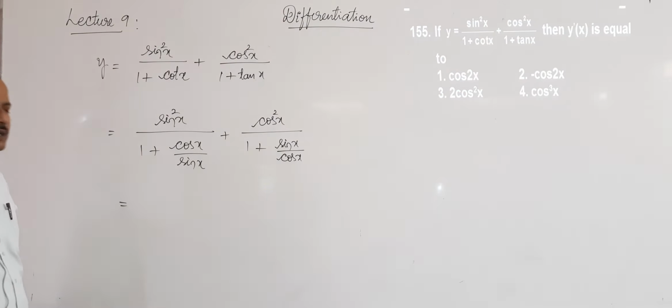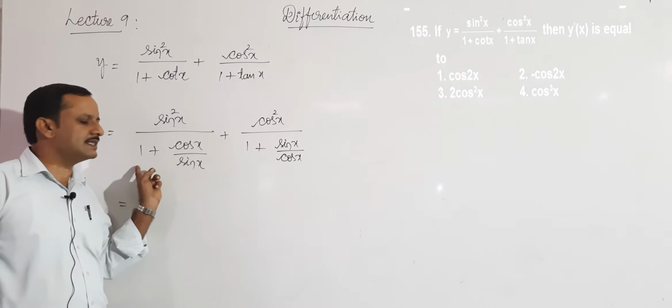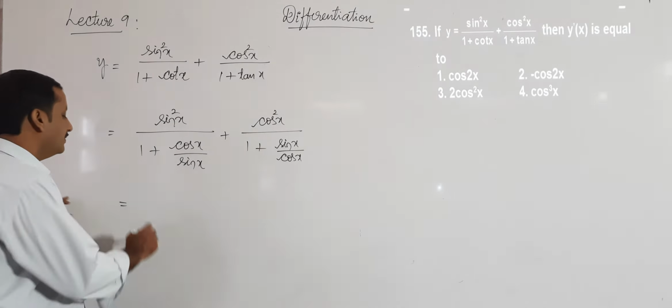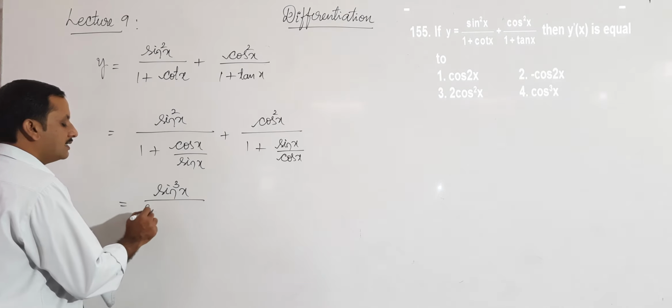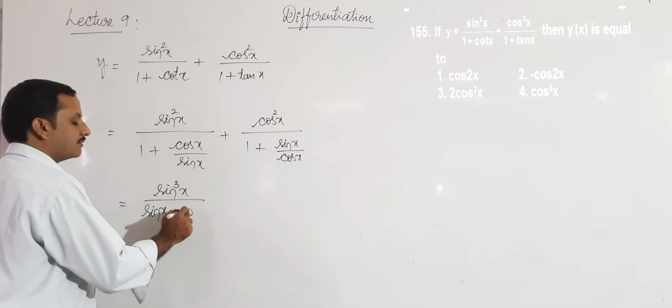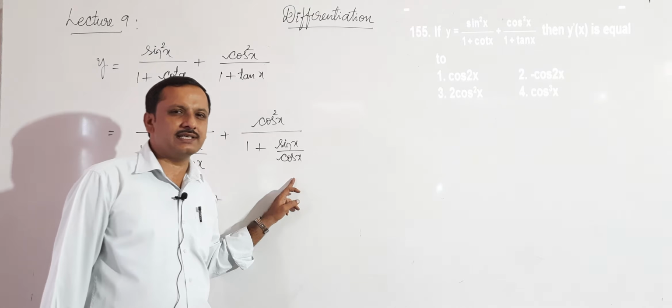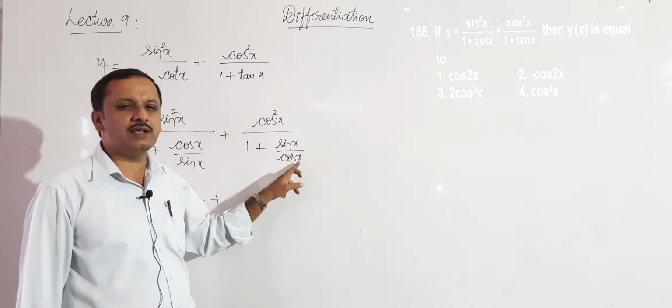That's equal to, take LCM here, sin x is the LCM. This will become sin x plus cos x by sin x. So this sin x will go up. So you will have sin cube x by sin x plus cos x. Plus, here cos x will be the LCM. So numerator is cos x plus sin x by cos x.